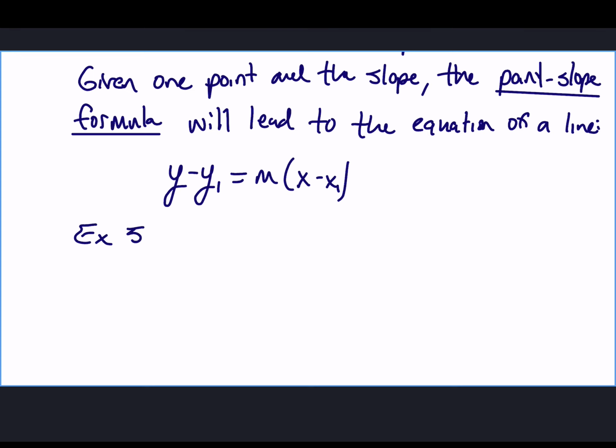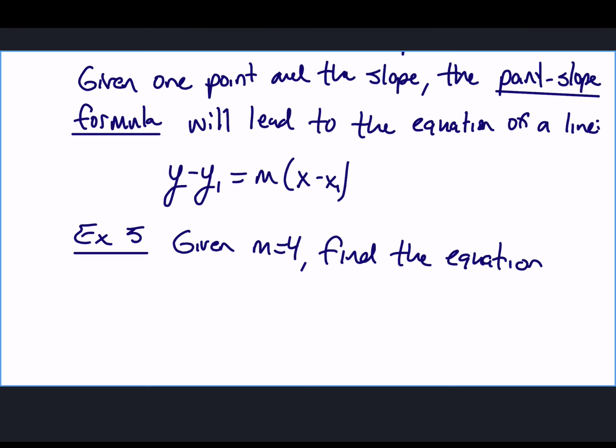Example 5. If we're given that m is equal to 4, we want to find the equation of the line in slope-intercept form.